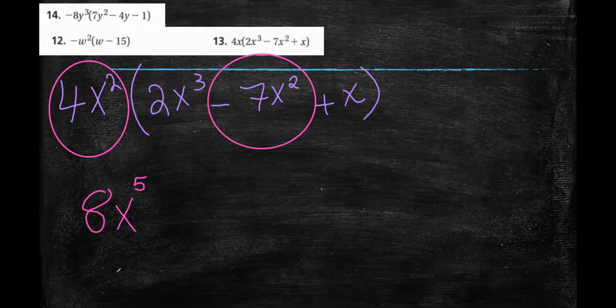Yes, teacher. We will distribute 4 times 7, 28. Negative 28. Then 2 plus 2, 4. Thank you, Yara. Thank you so much.